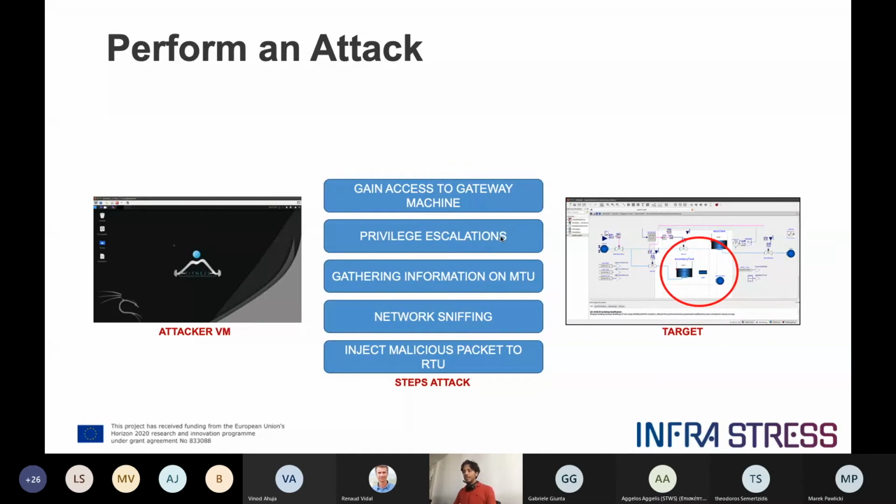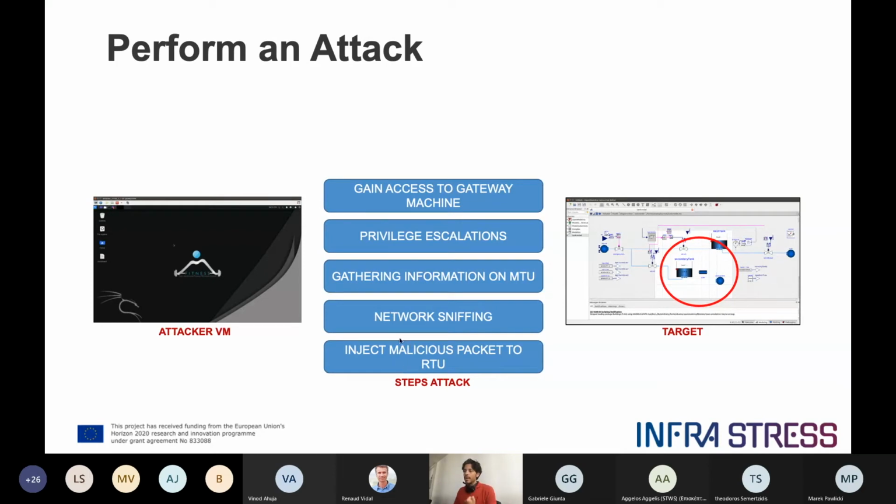So the steps of the attack will be the following. We will gain access to the gateway machine. We will escalate privileges in the gateway machine, which allows us to get access to the internal network and so monitor the status of the infrastructure.